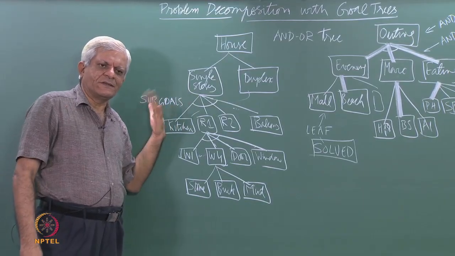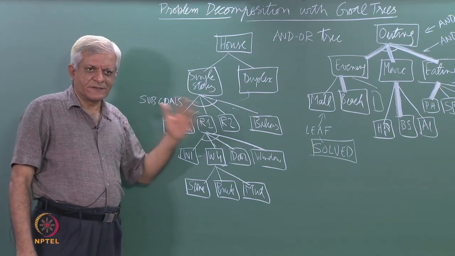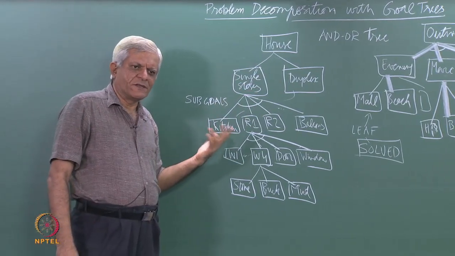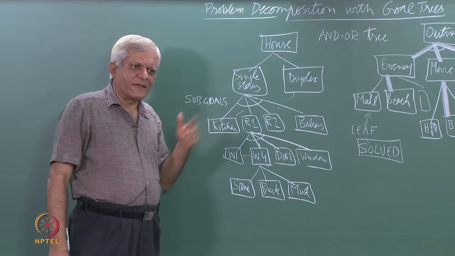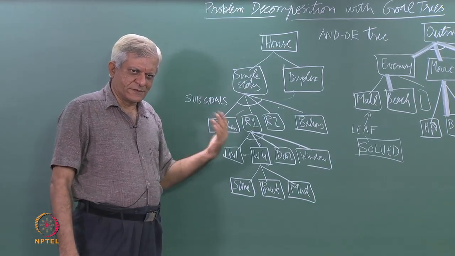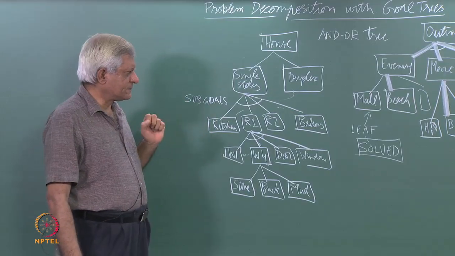We will start with looking at symbolic integration, which was one of the first applications which used AND OR graphs. The solved nodes may not have any cost associated with it. For example, you know that the integral of x dx or x square dx is something that you can just pick up the solution for.